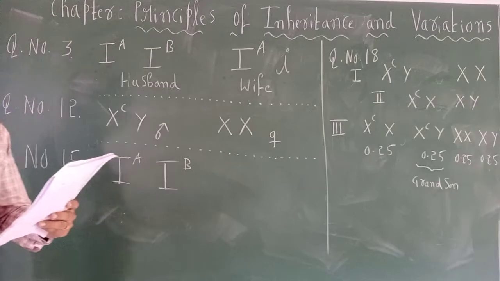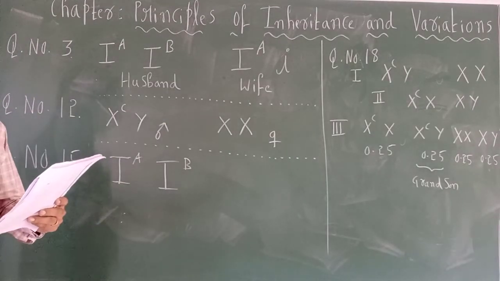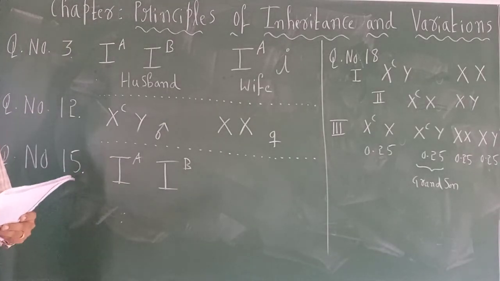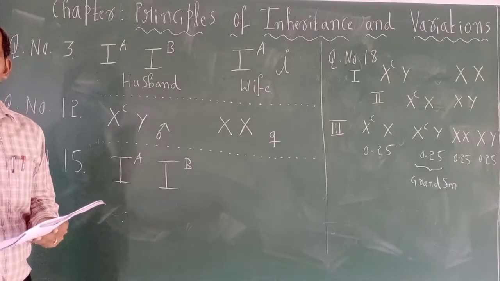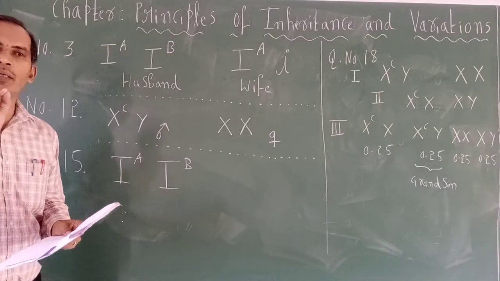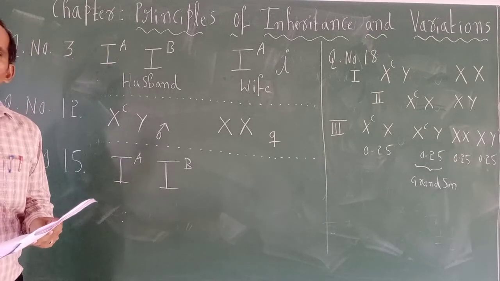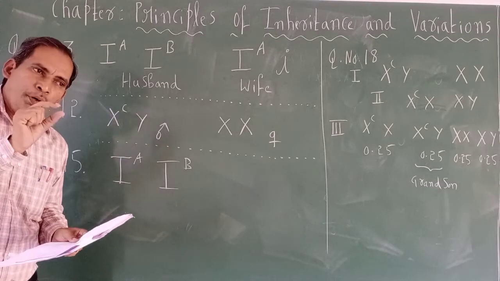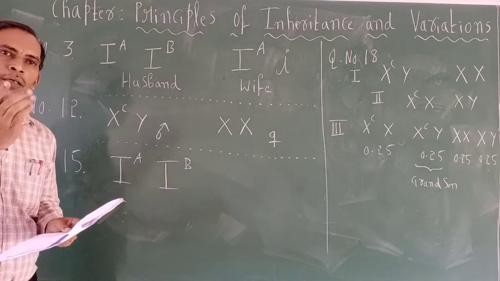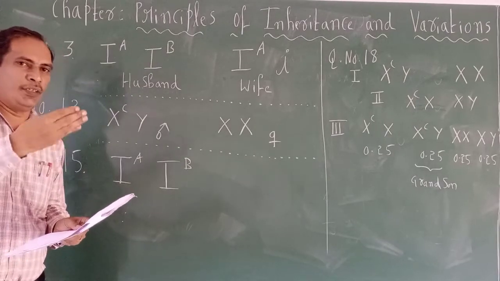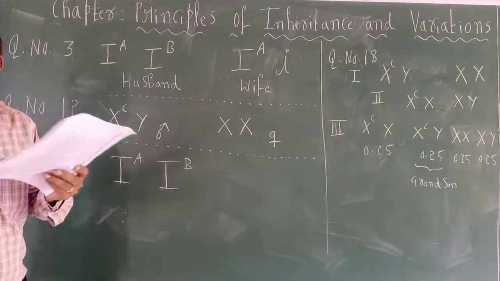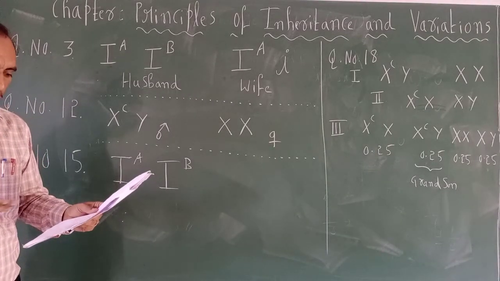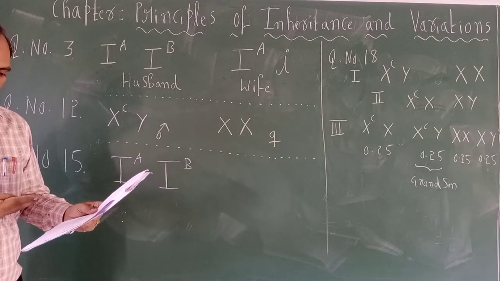The two genes are linked and present on the same chromosome. Okay, so if two genes are present on the same chromosome, the two genes are called linked genes. The characters corresponding to the linked genes are transferred from parents to offsprings. They don't show any changes. So, what is given here?